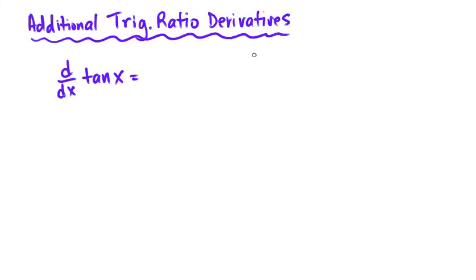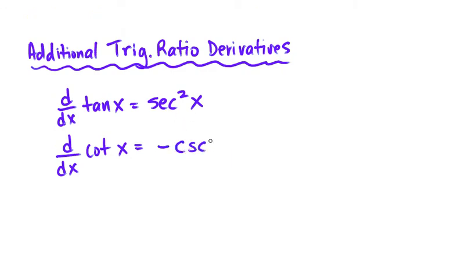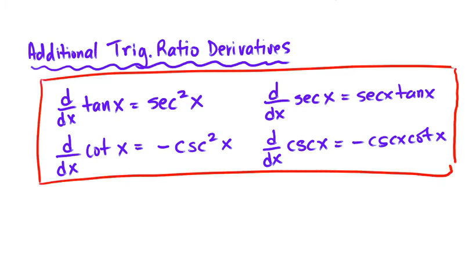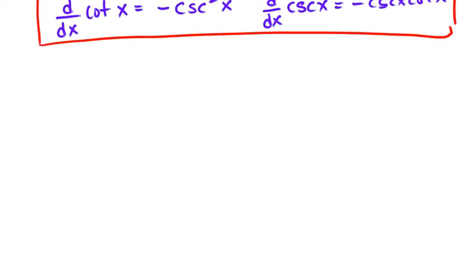They are the derivative of tangent x, which is secant squared x; the derivative of cotangent x, which is negative cosecant squared x; the derivative of secant x, which is secant x times tan x; and the derivative of cosecant x, which is negative cosecant x cotangent x.